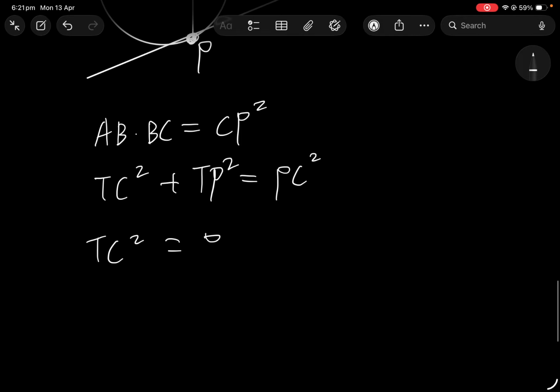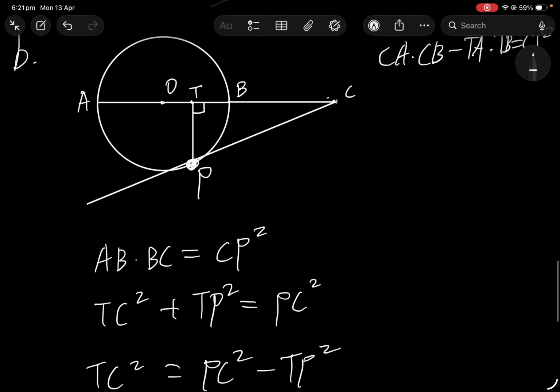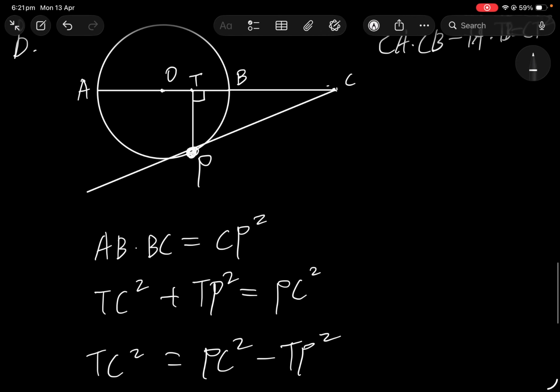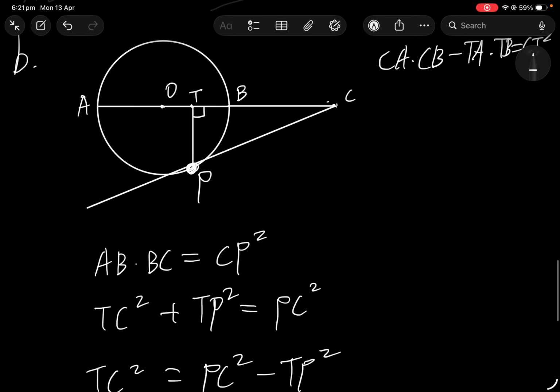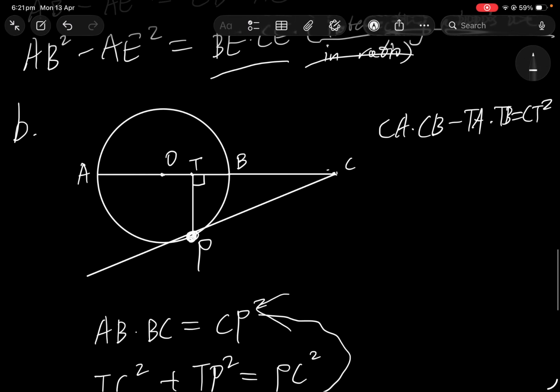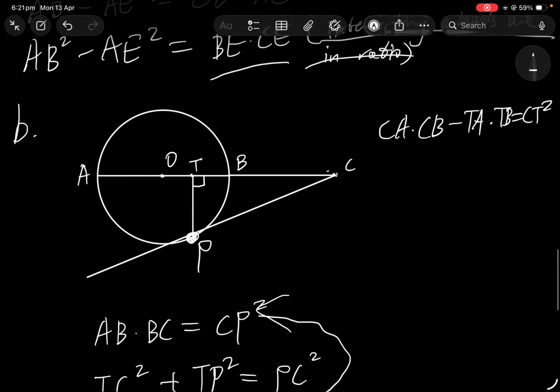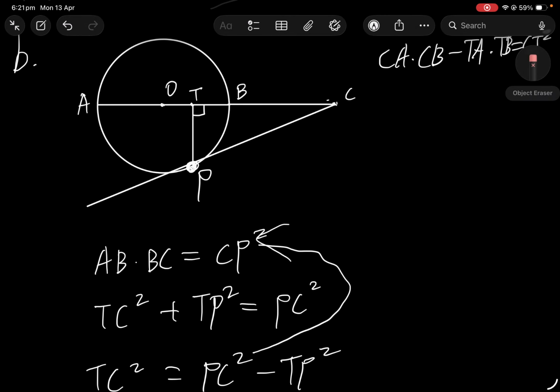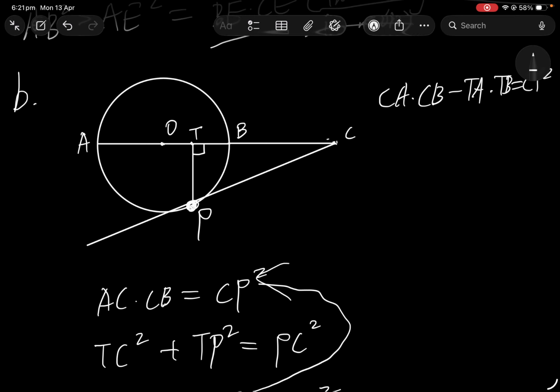I'm going to bring it out, because PC take TP, and PC, so basically TP, we know that PC is equal to this one. We can put AB, BC in already. Oh wait, no, that's not right. It should be CB and AC, because that's how the external chords work.